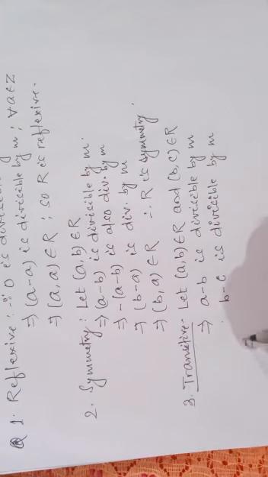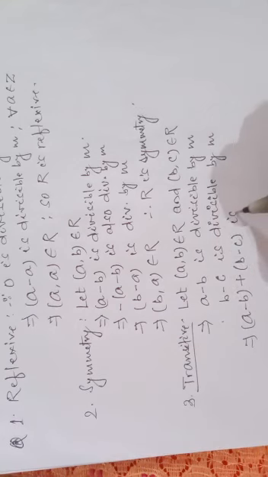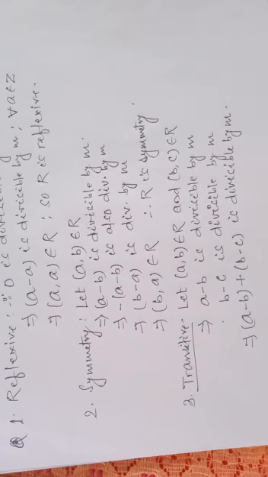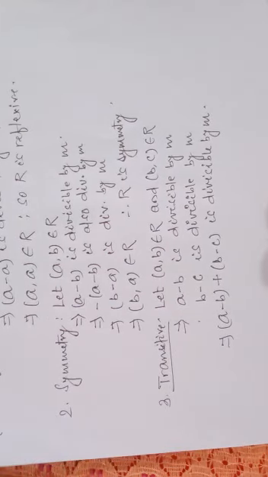Therefore A minus B plus B minus C is divisible by M. So plus B and minus B cancel.